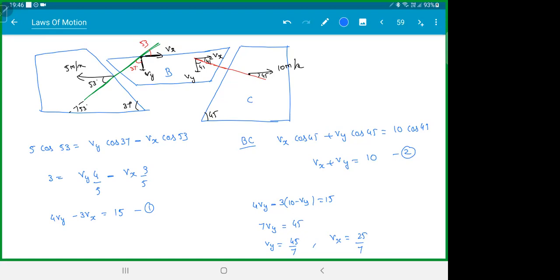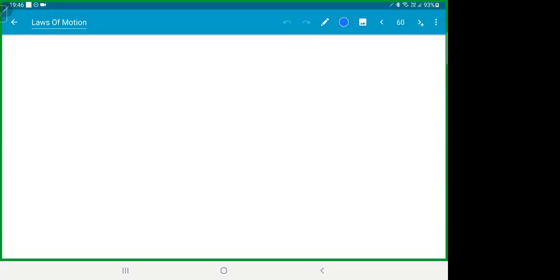Turn the page. Last one for the day. We have a rhombus, kind of thing.